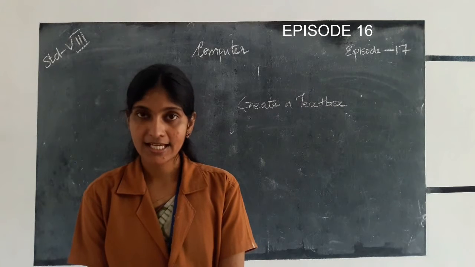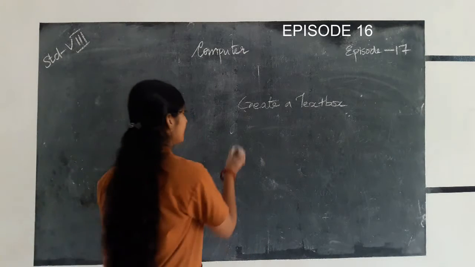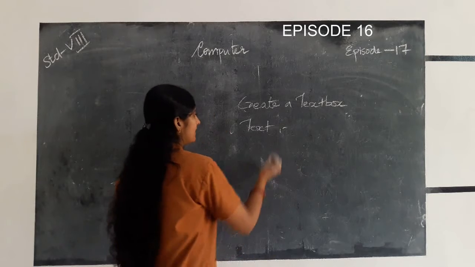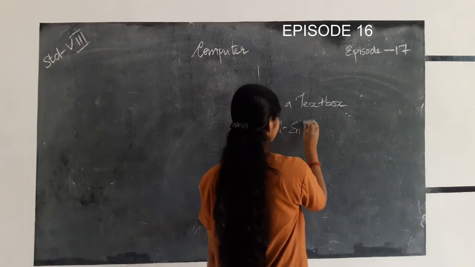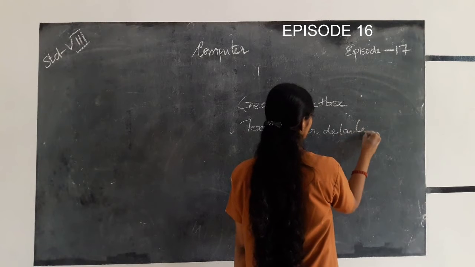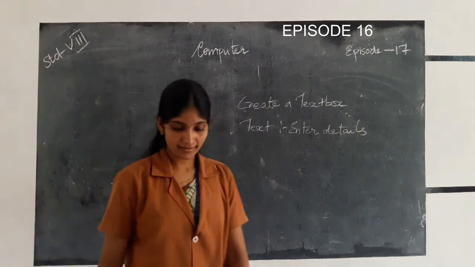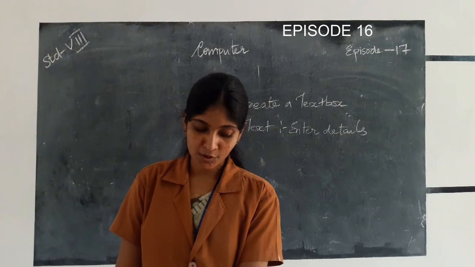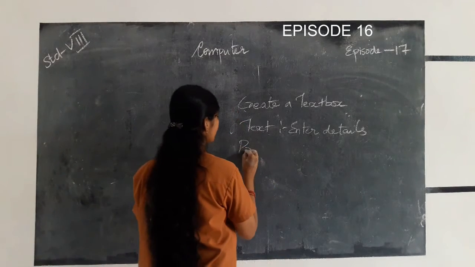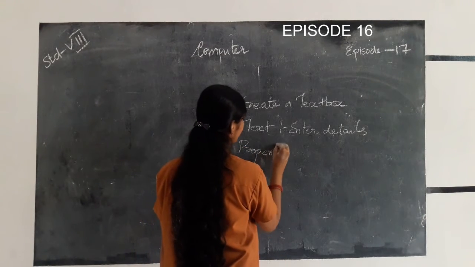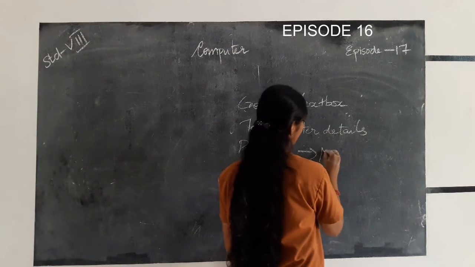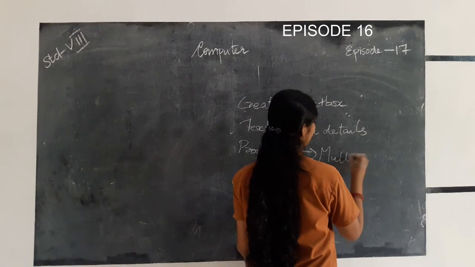Having text Enter details. So the text here is Enter details. Then you should be able to enter multiple lines. Then properties include multiple line, that means multi-line.